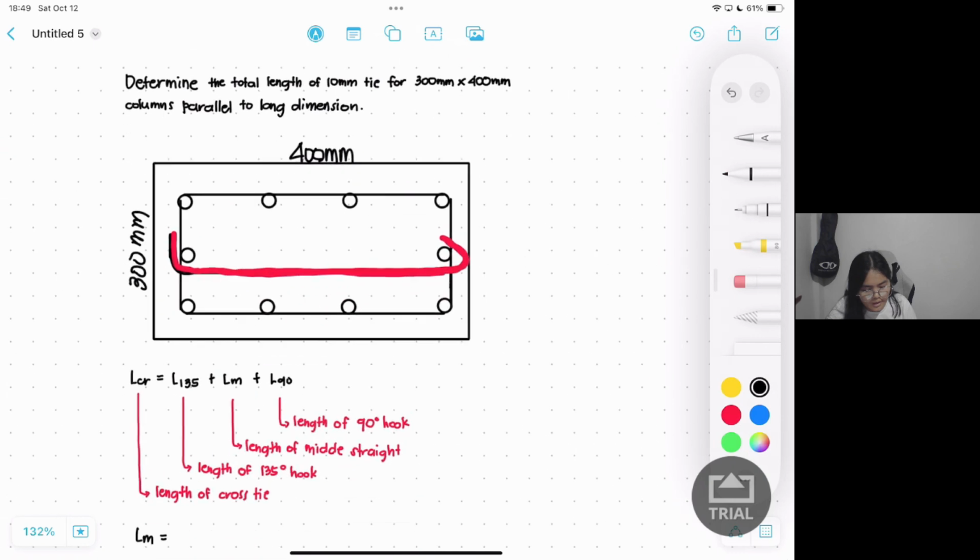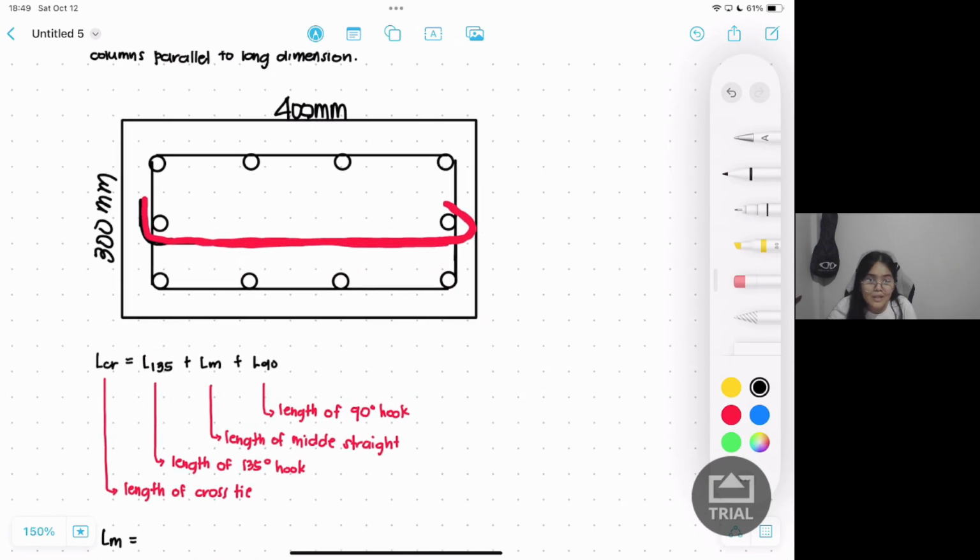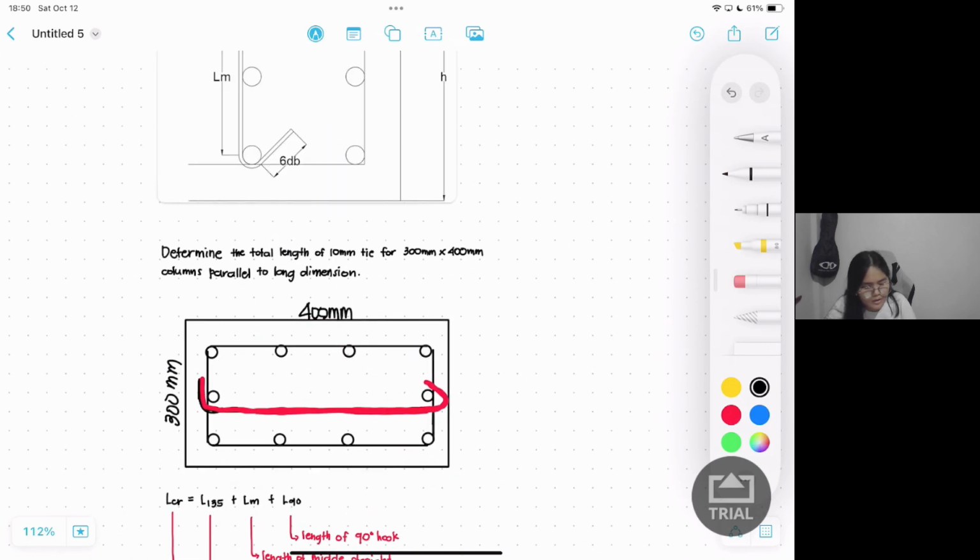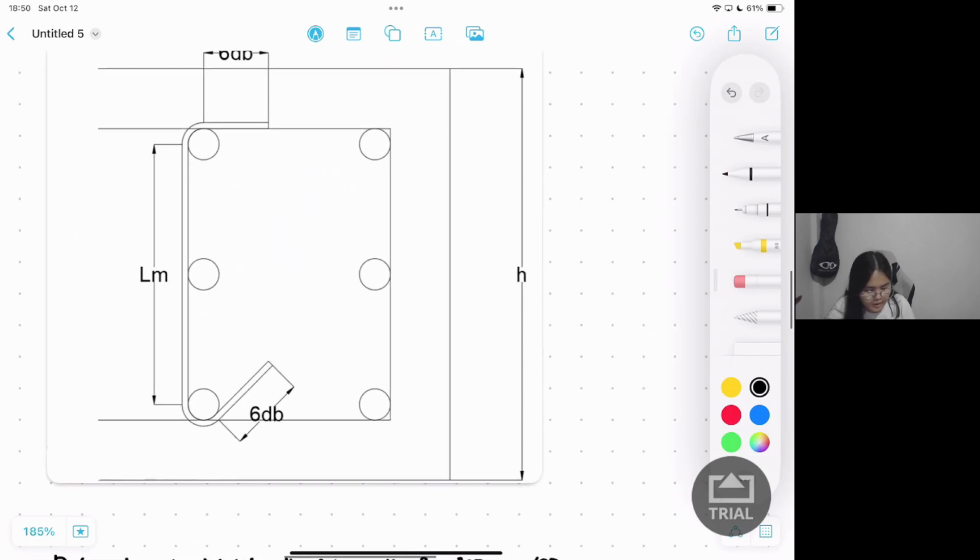Again, makikita nyo na lang sa figure yung formula for the computation. Hindi nyo na siya kailangang i-memorize. Dito na lang tayo sa mas maayos na drawing.